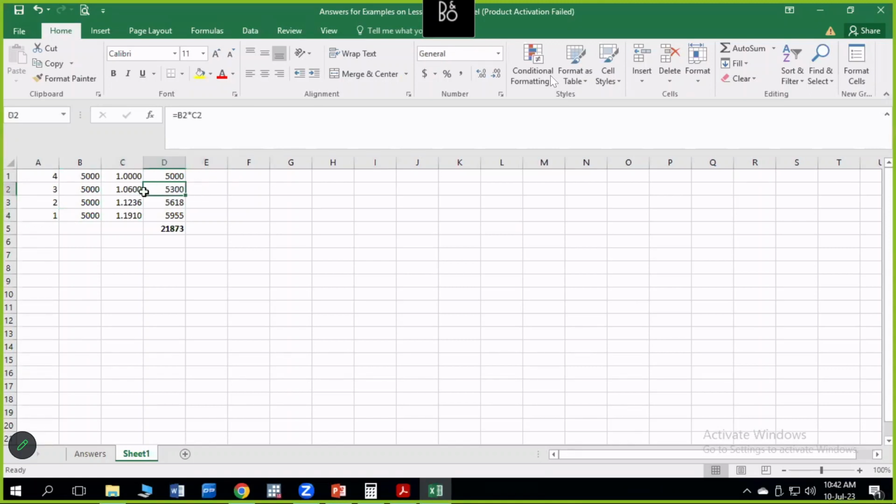N is equal to 1. Second year 2. Third year 3. So you get the value for these future value factors and multiply it and add together, you can get the future value of the annuity. You can learn it.